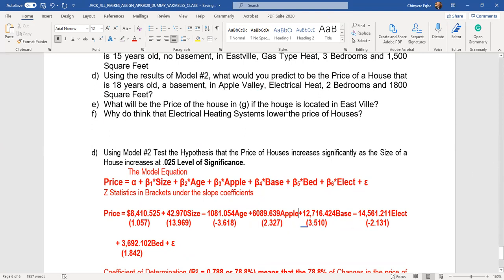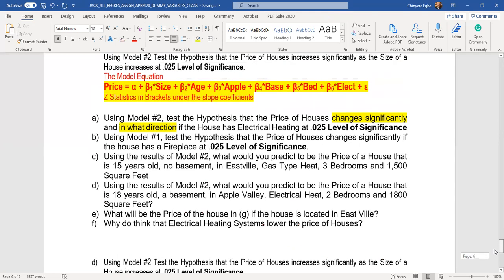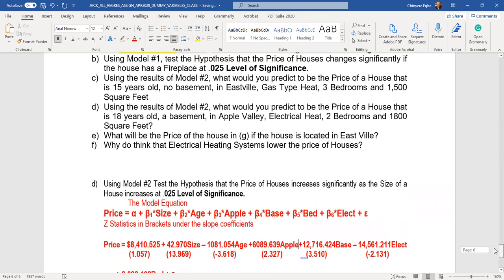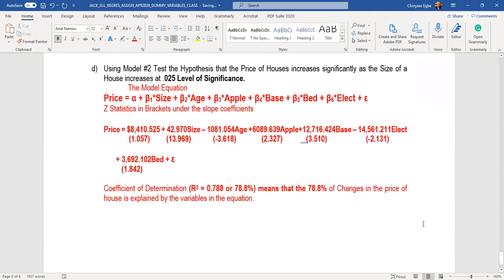Okay. So we want to test the hypothesis that a house that has electrical system has a significant effect on the price. Okay. So electrical system is a dummy variable. Now, if a house has electrical system, you can see that the sign of the coefficient for electrical system is negative. Do you see that?